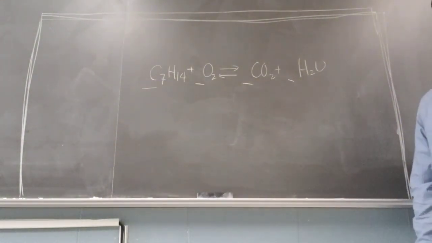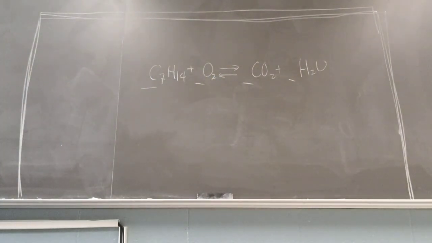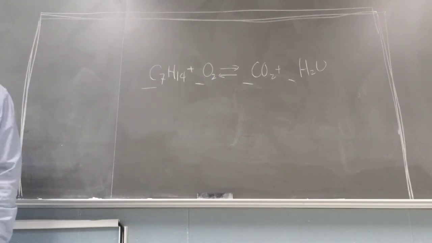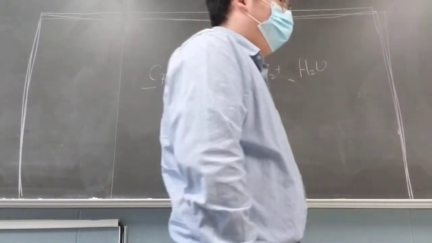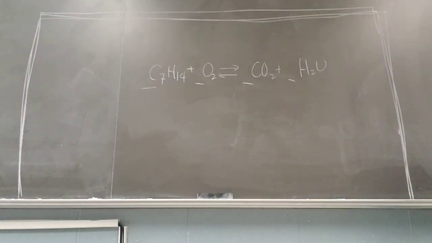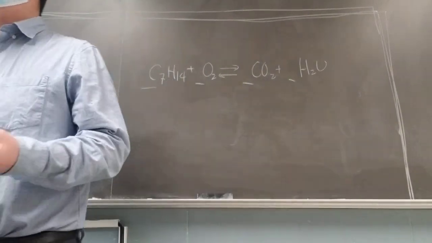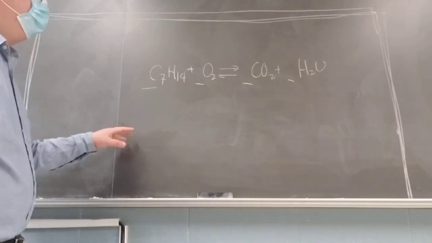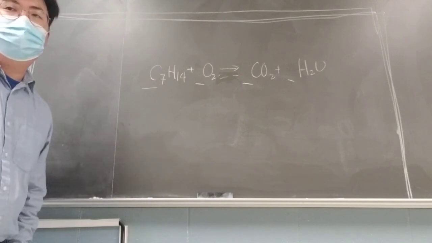But let's try to balance this one first. Okay, so the point is to try to get the same numbers of carbon, hydrogen, oxygen on the left and the right side, okay? So you can balance the equation.